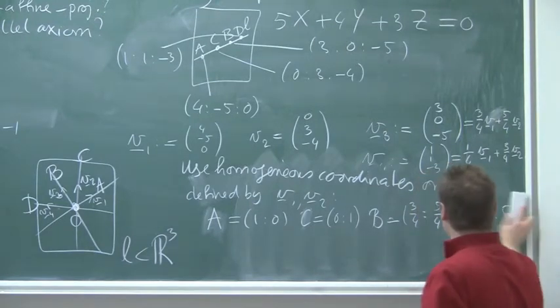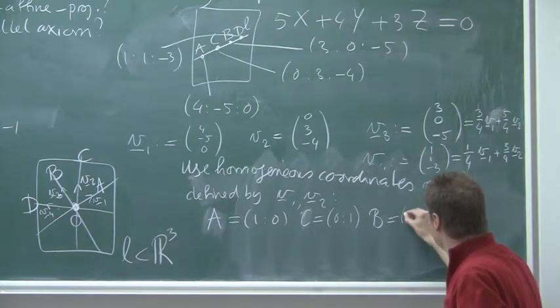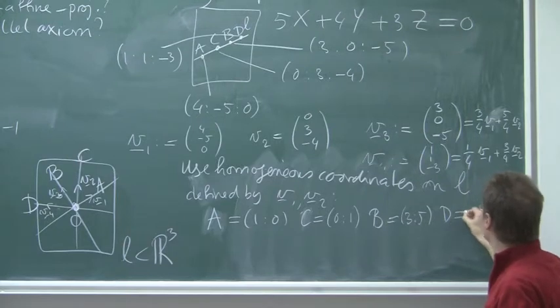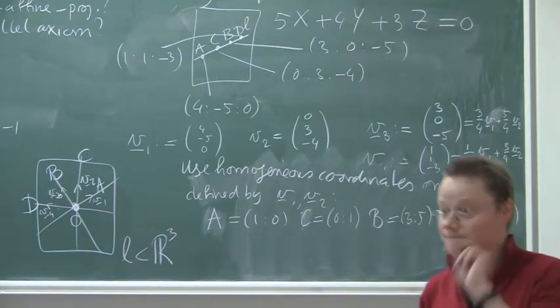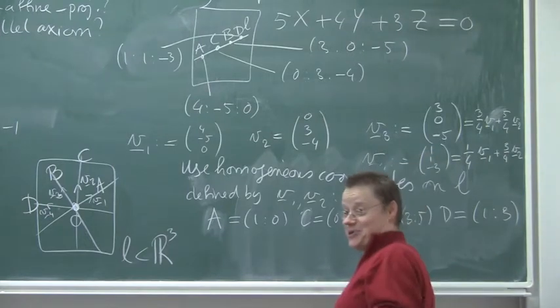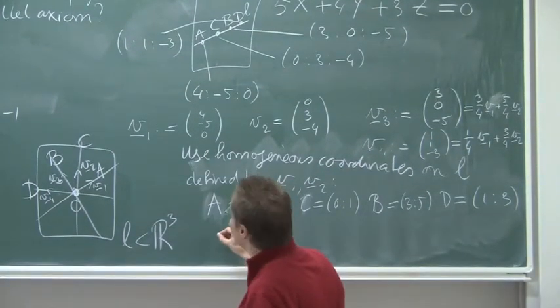It's 3 to 5. And then D, 1 to 3. And now we can compute this cross ratio, and let's hope it's negative.